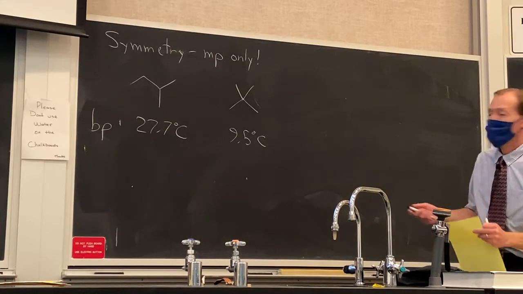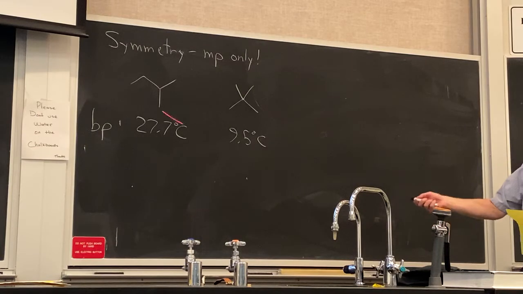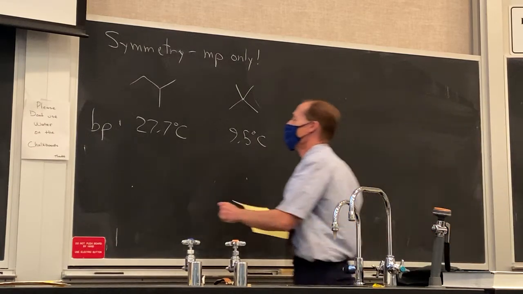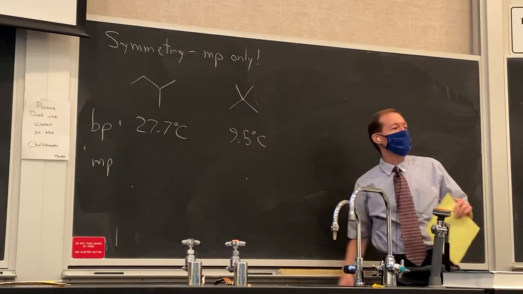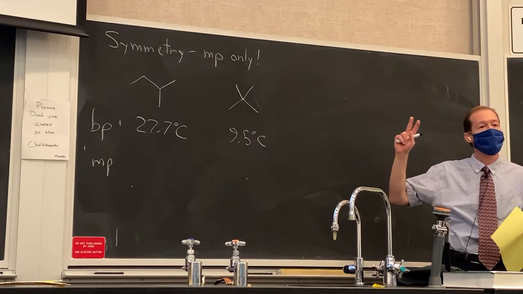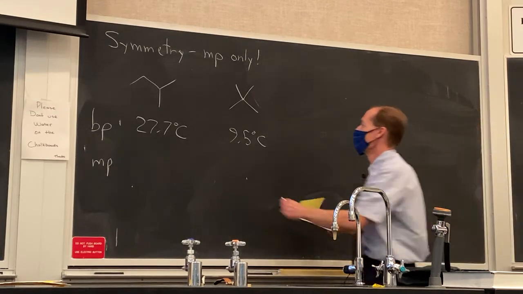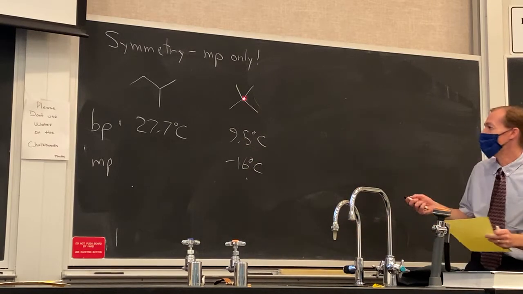However, as you noted, the compound on the right is more symmetrical than the compound on the left. And that symmetry gives this compound, the 2,2-dimethylpropane, a higher melting point. So the relationship between melting points switches. Negative 16 is our melting point here, right?